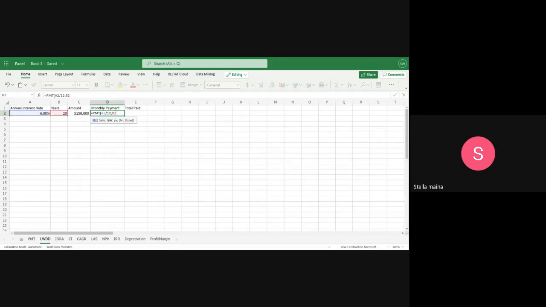So B2 shall be multiplied by 12, and then we will now have the amount. You can see that is our monthly payment, $1,074.65.